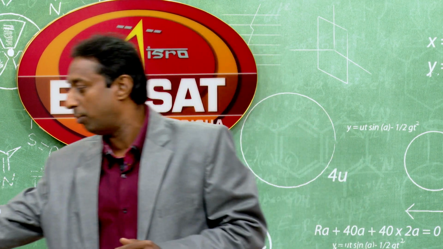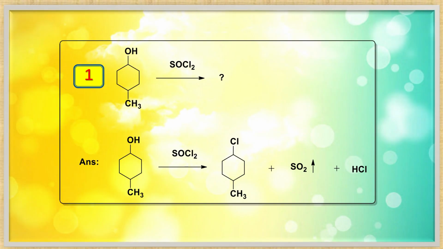Okay, now see this problem. This is one compound, you can see on the screen that you have a cyclohexyl ring system, and above it you have OH group, and below you have methyl, and above the arrow it is SOCl2, means a compound is given and you want to react it with SOCl2. Just a few minutes before I told you, this is called Darzens method of preparation of haloalkane.